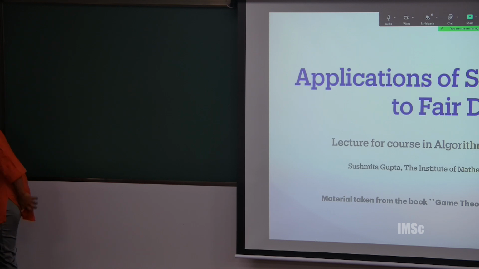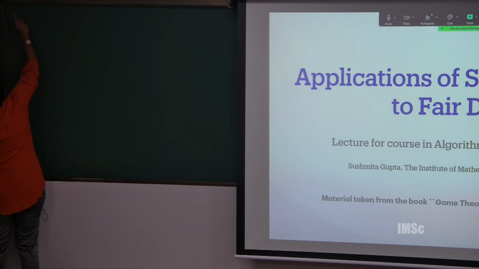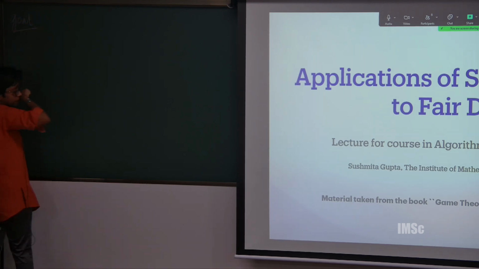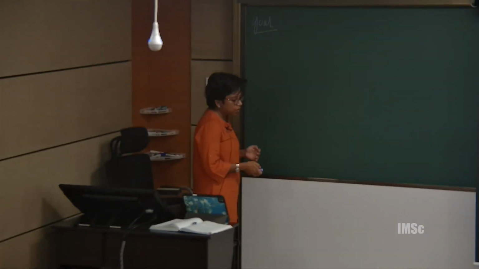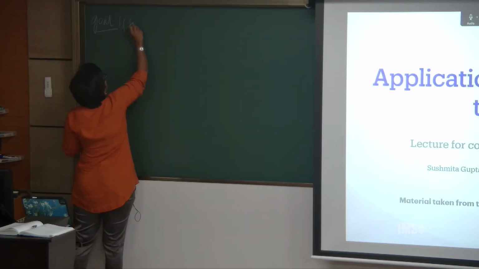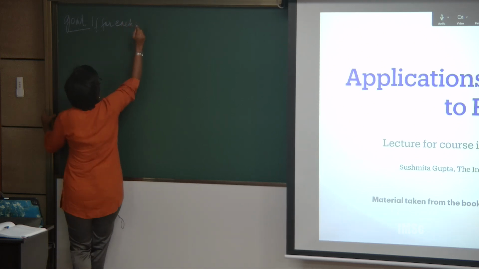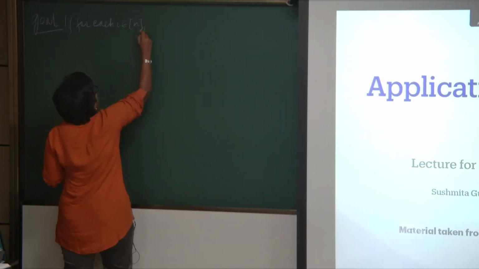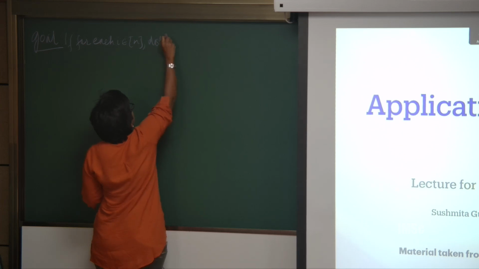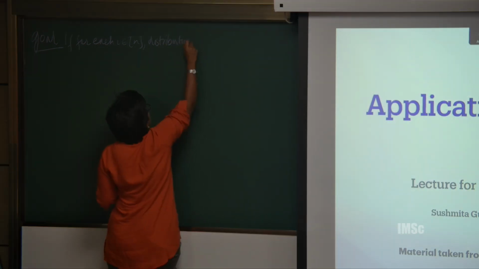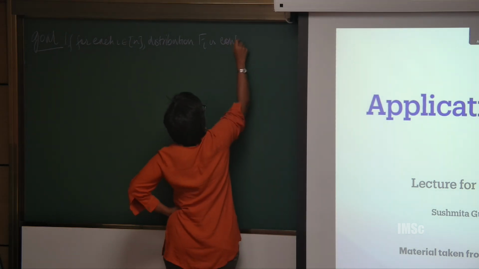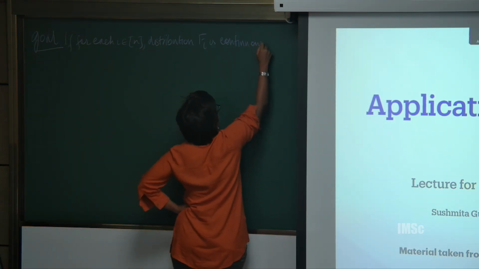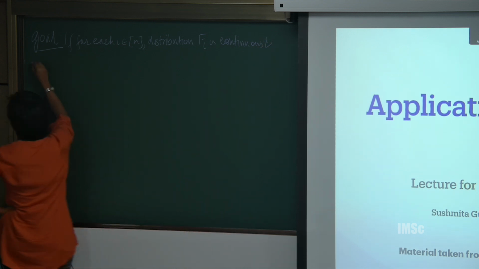If you will recall, the goal is to show, okay, for each i, this is the player, the distribution is continuous and strictly increasing.